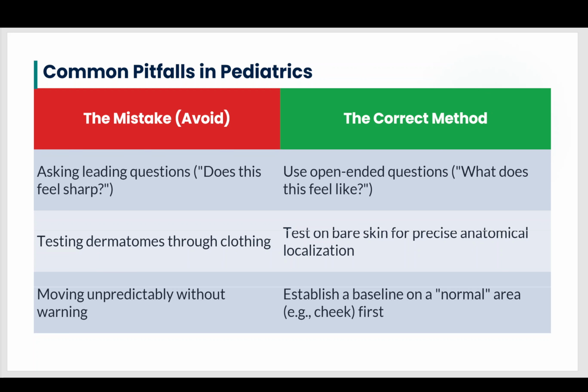The most important points to remember while doing the sensory examination are: we should adapt to the age, to have an expectation of what we should be testing and what kind of responses we are going to have.